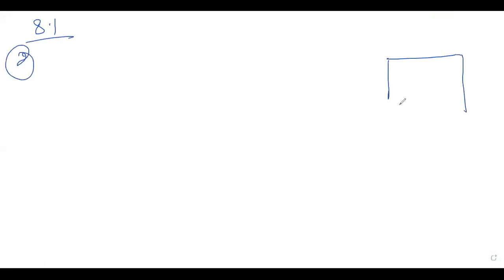Your figure is, see, they are saying it is a parallelogram. ABCD is a parallelogram and the diagonals are equal. Both are equal. Show that it is a rectangle.